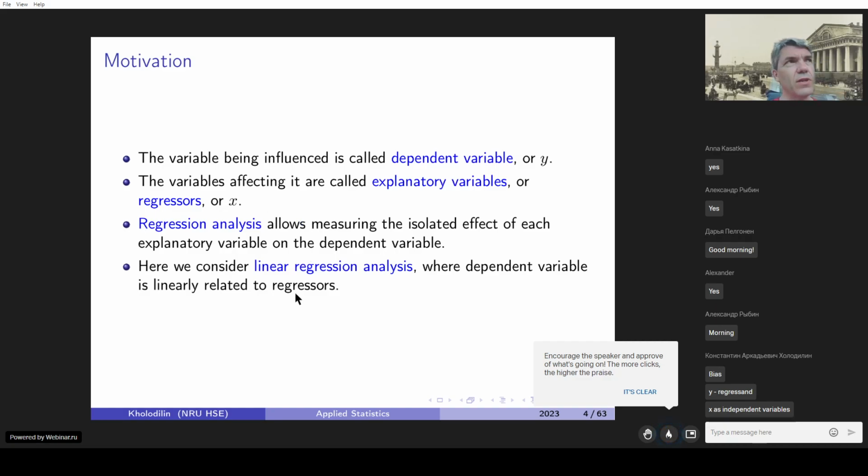Okay, so in this course we will consider linear regression analysis, although in the end we will consider a few cases of nonlinear relationships. But in general, we are talking about linear regression analysis as regression model which is linear in parameters.